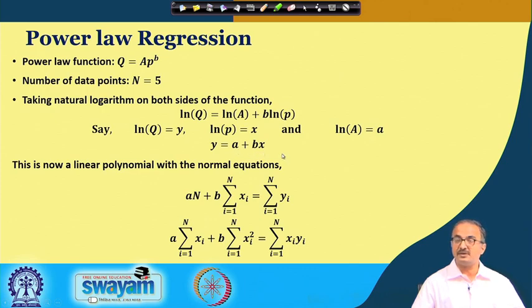Whatever we have done earlier to do a linear curve fitting, we apply the same method. The only thing is that, from the given table, first we have to find the logarithm of Q and the logarithm of P, and we shall be regressing between log Q and log P. So, here x represents log P and y represents log Q.